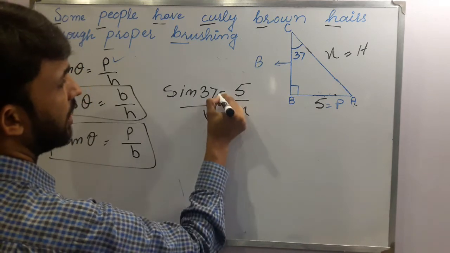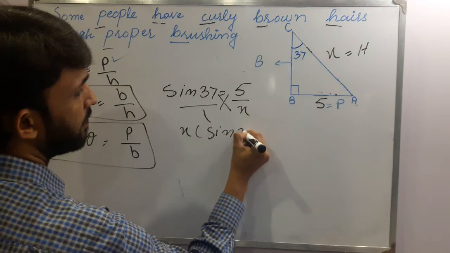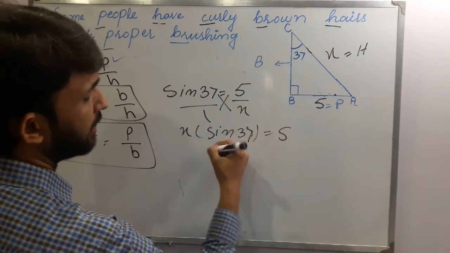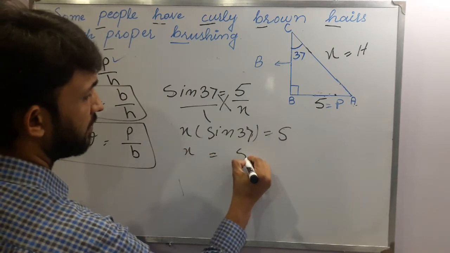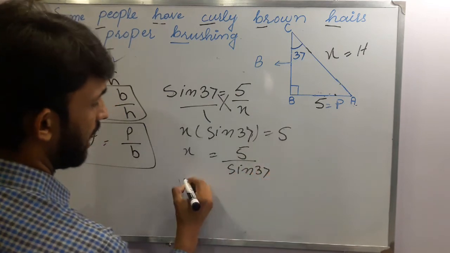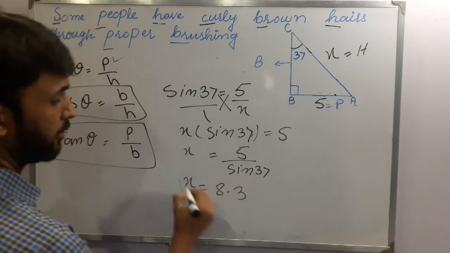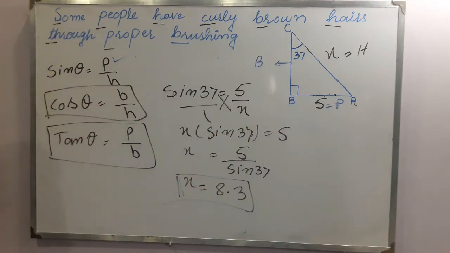We will just cross multiply: x into sine 37 is equal to 5. Sine 37 is multiplying, so we divide on the other side. So this will be equal to 5 over sine 37. After calculating, the answer will be 8.3 approximately. So this side is 8.3.